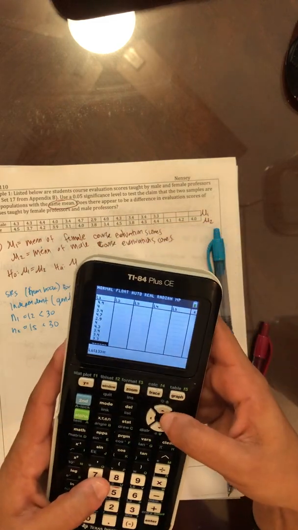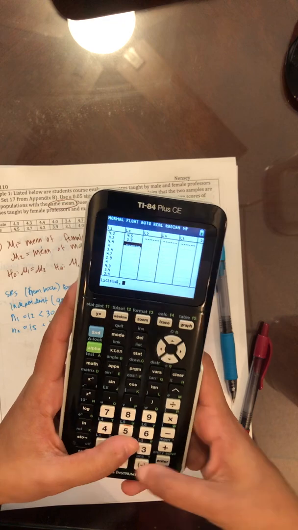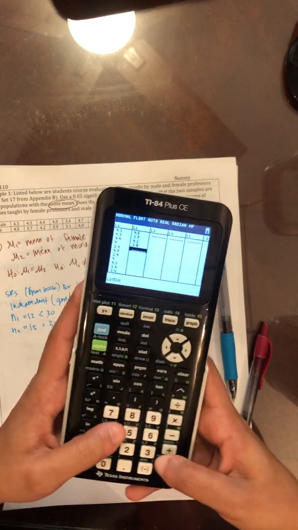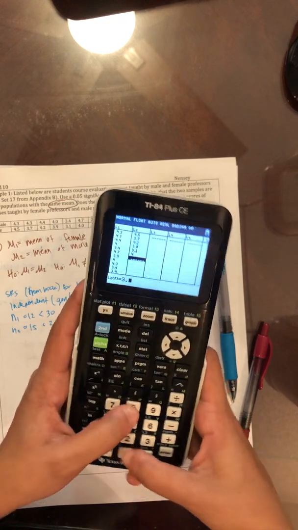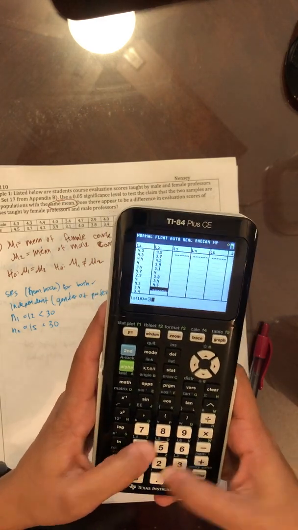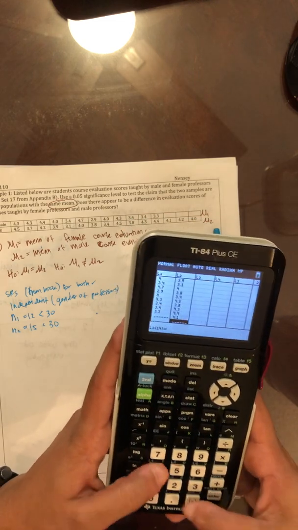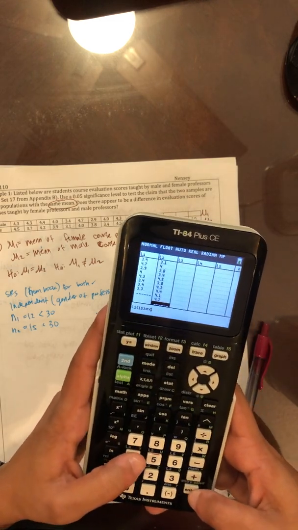Okay, and I got 12 numbers, so far so good, and I'm going to do the same thing. So 4.5, 3.7, 4.2, 0.9, 3.1, 4, 3.8, 3.4, 4.5, 3.8, 4.3, 4.4, 4.1, 4.2, and 4. Okay, so I got everything in my lists.